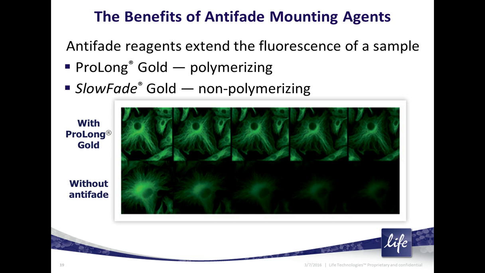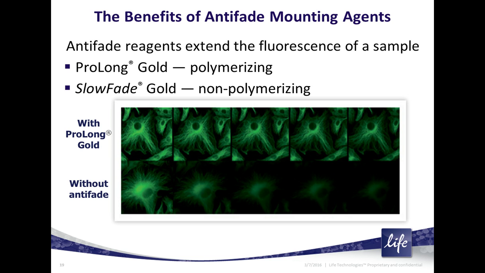An antifade mountant helps slow the photobleaching of a dye. That is, when you shine light on your dye under a microscope, it starts dimming or photobleaching away. This is, for the most part, non-reversible, so your dye goes away and stays away. Using an antifade mountant, you slow that photobleaching considerably for most dyes.